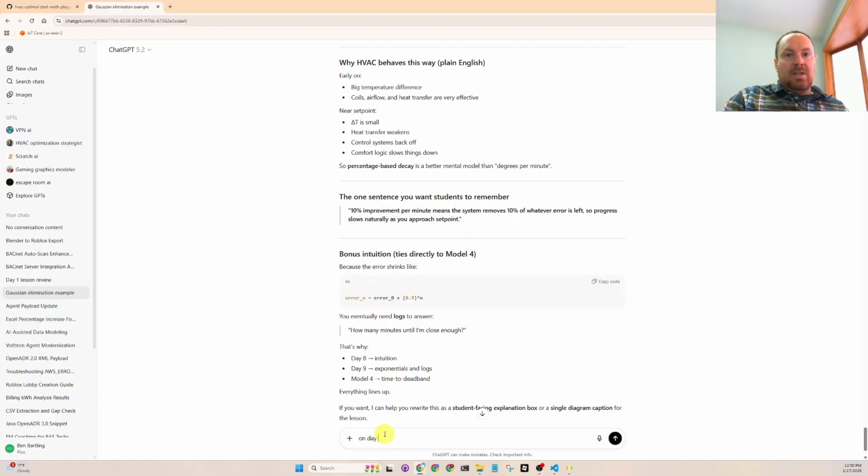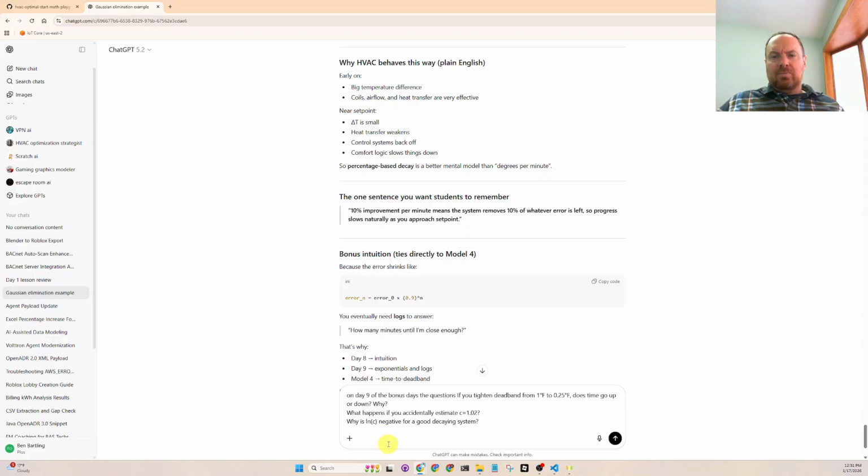So on day 9 of the bonus days, the questions. I'm just on that first question. If you tighten the deadband, that will make the division smaller on the numerator, making it output a larger number. Ultimately, what happens if you accidentally divide this?